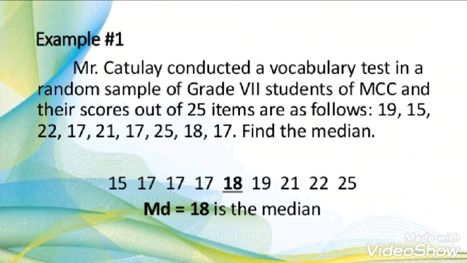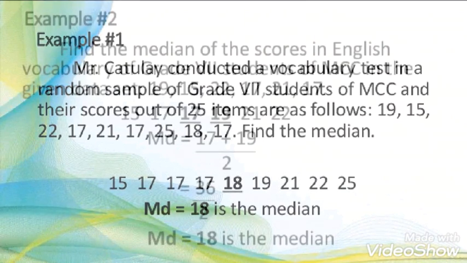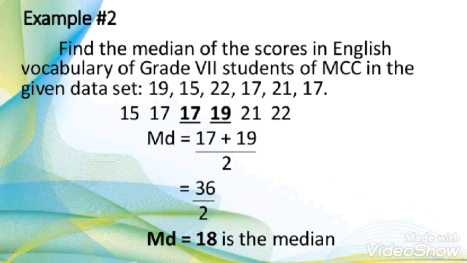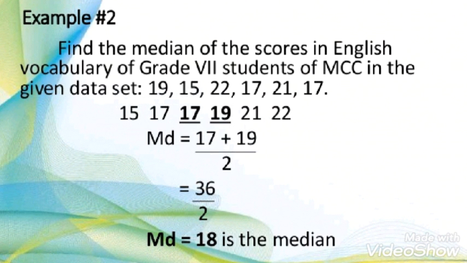Then we'll go for the second example. Find the median of the scores in English vocabulary of grade 7 students. Here is the same question of MCC, with the data set 19, 15, 22, 17, 21, 17. Here there is a slight difference in the number of students.